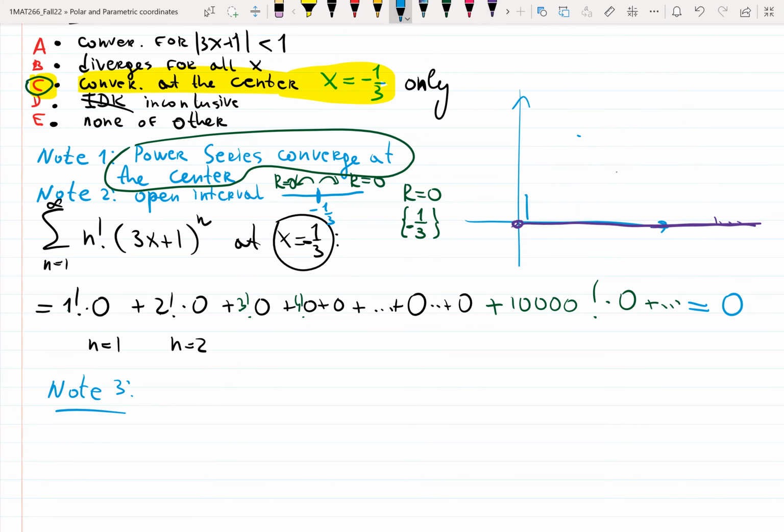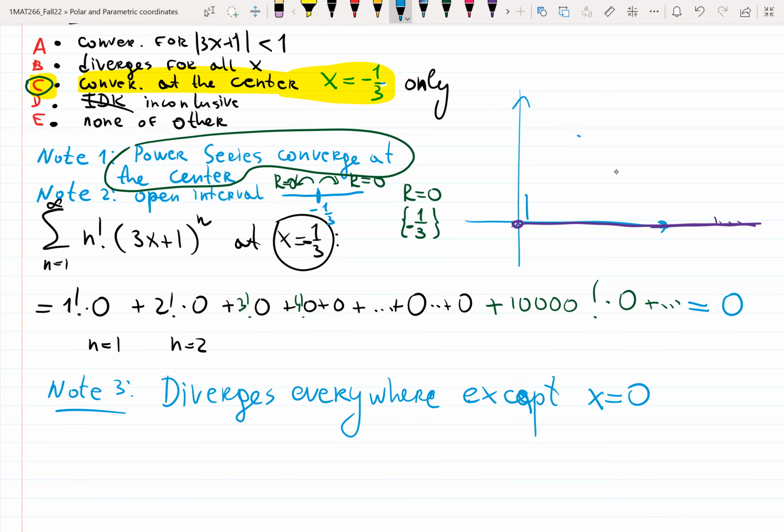Let me write down this note. Actually, it's a good way to say it. Diverges everywhere, except, don't ask me to write down except. I see there should be an E somewhere. x equals the center, minus 1/3, except the center.